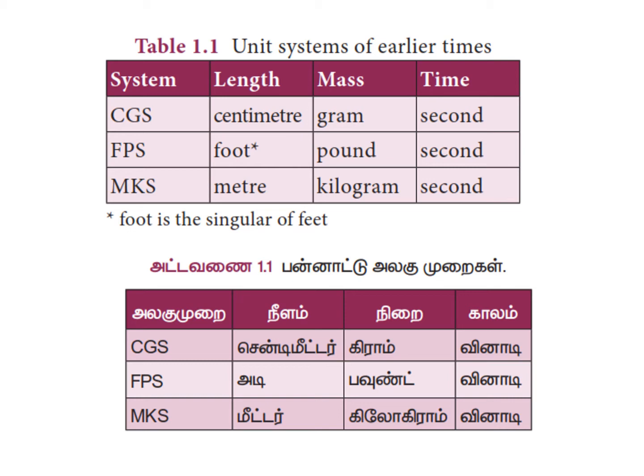But at the end of the Second World War, there was a necessity to use a worldwide system of measurement. Hence, the SI system of units was developed and recommended by the General Conference on Weights and Measures at Paris in 1960 for international usage.